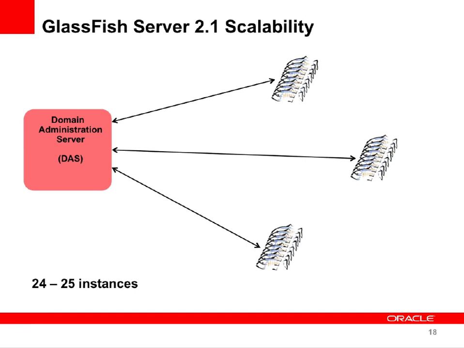Another area that we've worked on has been the scalability of the domain administration server. And what you see here is basically a soft cut-off point in terms of manageability. We have no hard limit in GlassFish Server 2.1 in terms of the number of instances that can be managed.